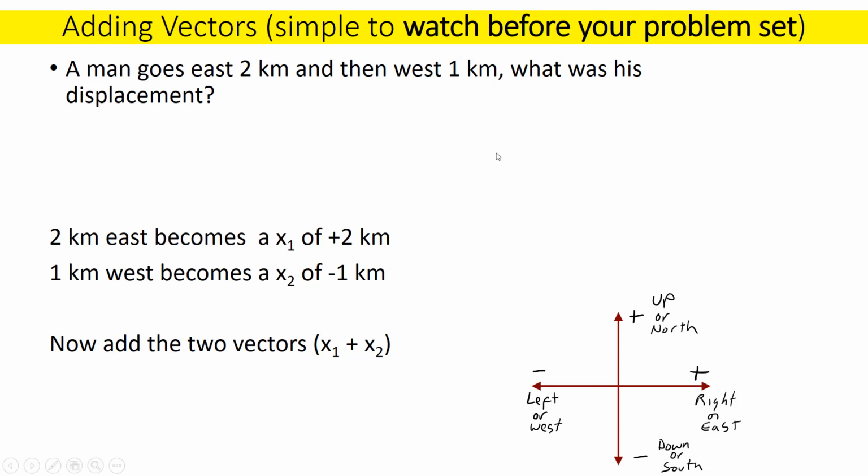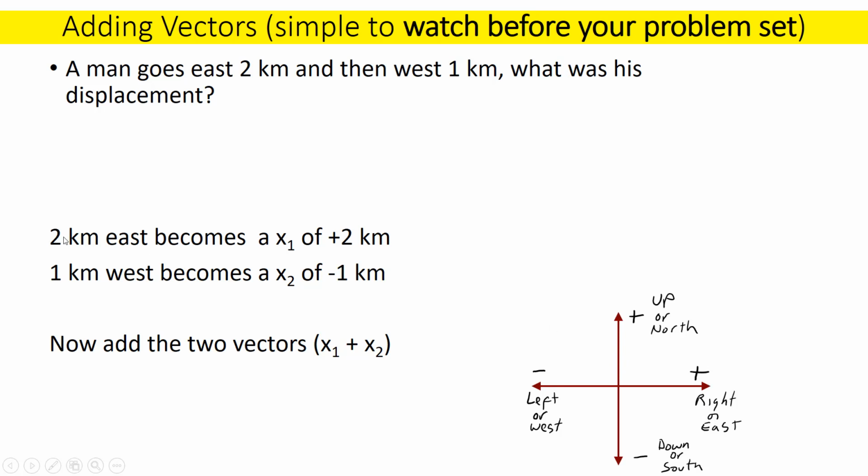So let's walk through this problem, even though we had already answered it. If you go 2 kilometers east and then 1 kilometer west, what was the displacement? Well, east does not get typed into a calculator, so we want to say east differently. Since the calculator doesn't know it, east or right in this case is going to be a positive.